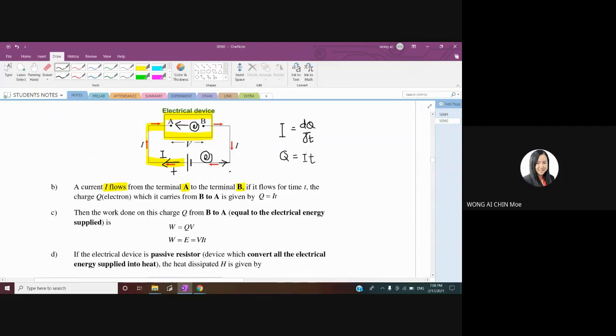Then the work done on the charge from B to A equals the electrical energy supplied. Still remember chapter 1, we learned work done.